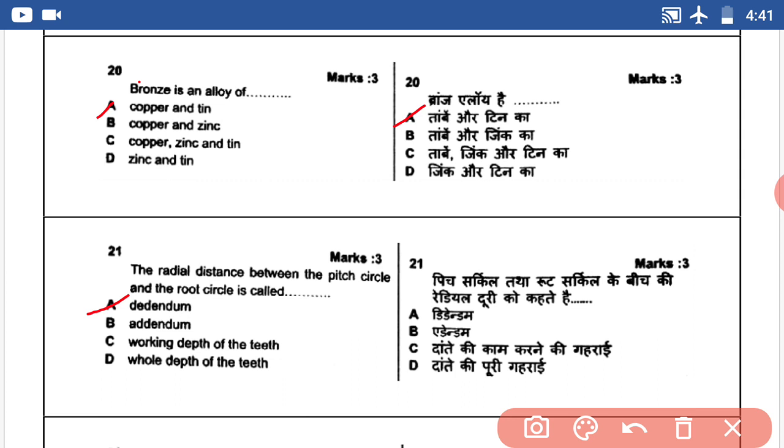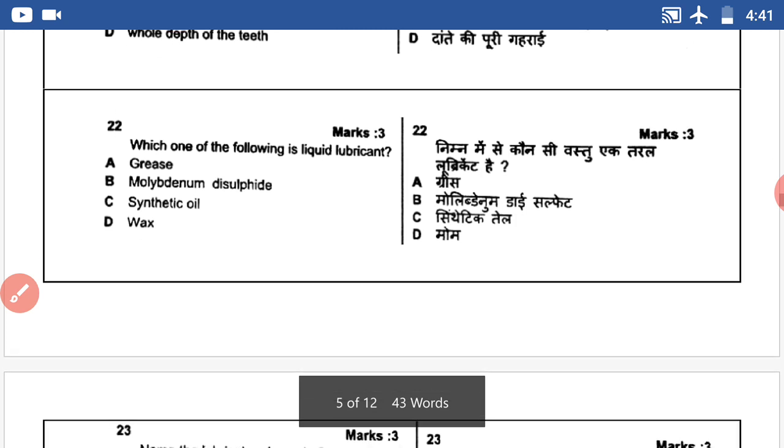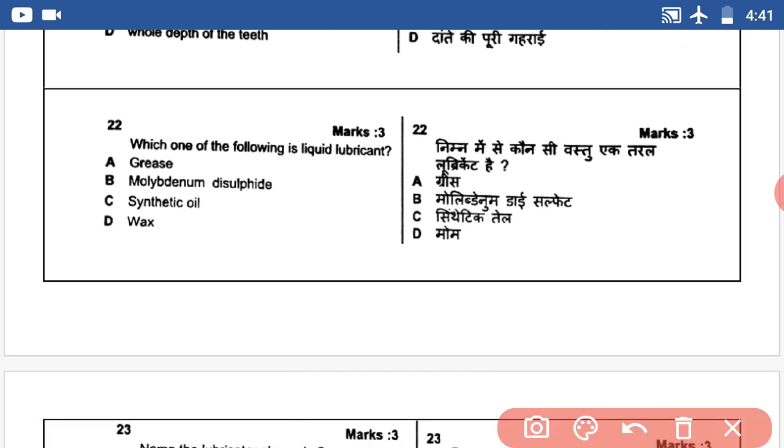Question number 22. Which one of the following is liquid lubricant? This question's answer: synthetic oil. Answer C. Question number 23.